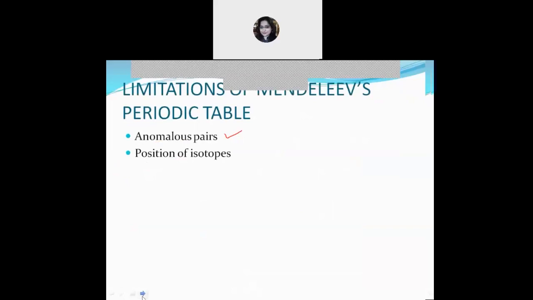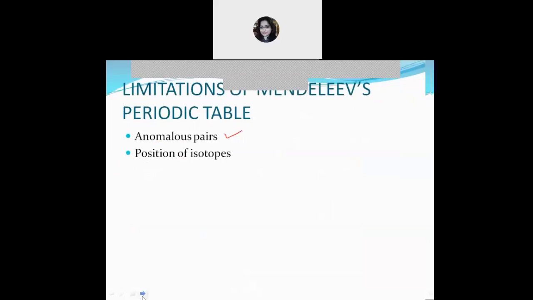This would again disturb the symmetry of the periodic table. In the modern periodic table this problem was removed because one position was fixed for one atomic number. Since all the isotopes of an element have the same atomic number, they are assigned only one position. So this problem was solved.